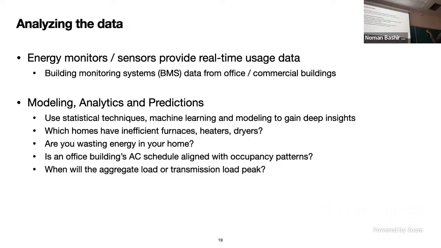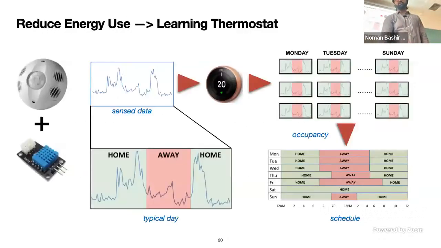Are you wasting energy in your home? Is your AC schedule aligned with occupancy pattern, and how does that impact the overall grid? So by analyzing the data using the meters I mentioned in the previous slide, you can do a lot more analytics, enabled by simple statistical techniques or machine learning, to optimize your resources.